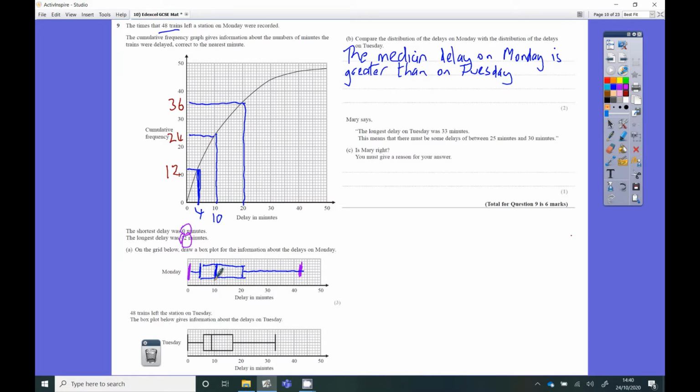But I always think the interquartile range is nicer, so for our second comment for part B, the interquartile range on Monday is greater than on Tuesday.